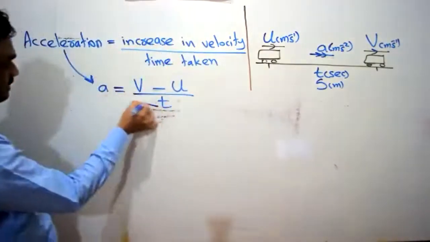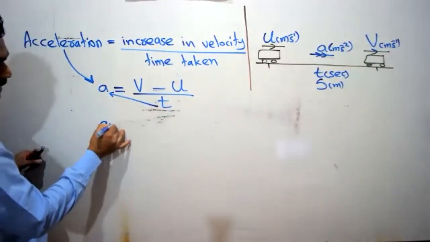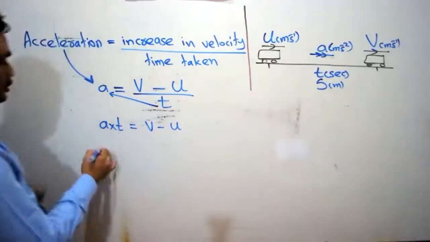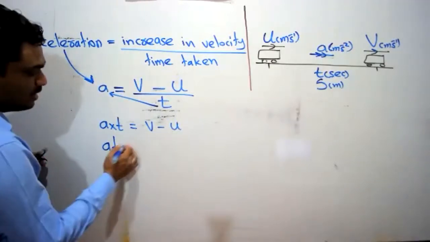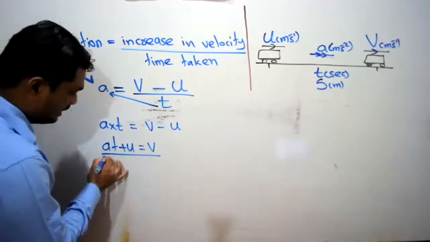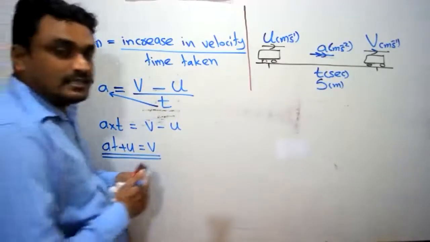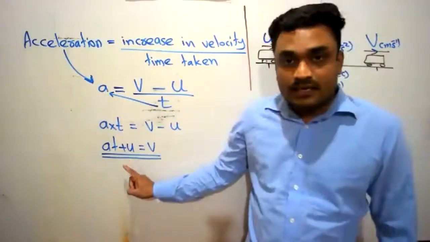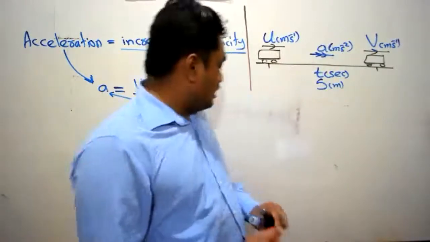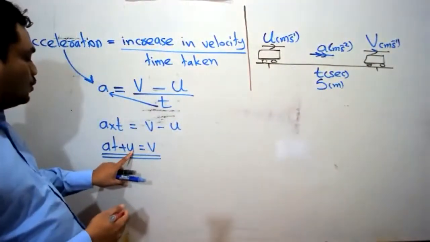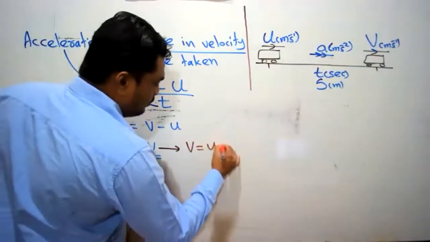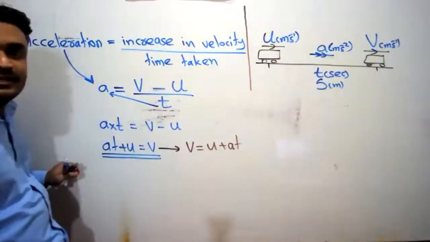So let me take this t to this side: a times t equals v minus u. Then u comes to this side as plus u, so at plus u equals v. This is our first linear motion equation. We can write it as v equals u plus at.